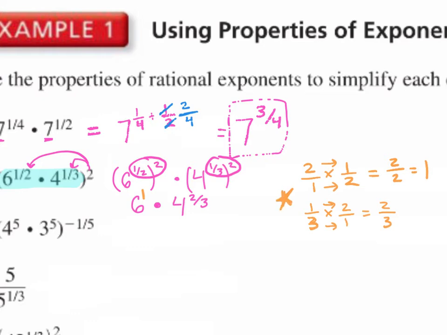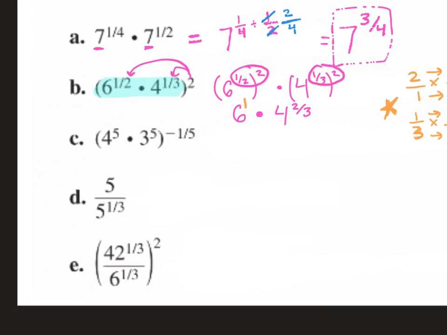All right, let's look at C. So we have 4 to the 5th power times 3 to the 5th power, all to the power of negative 1/5. Can we combine the inside here together? No, because they have different bases.